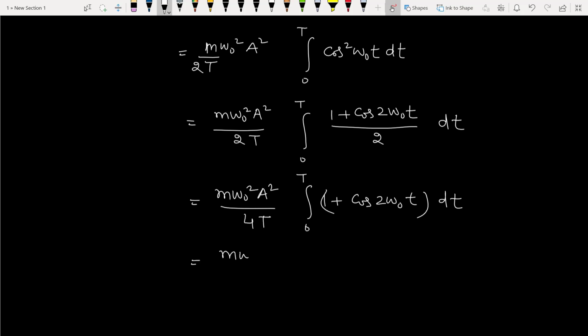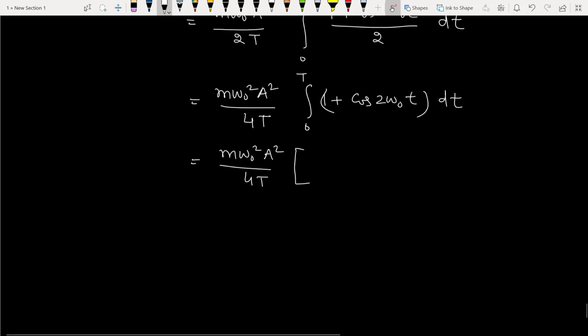Now we integrate the function. The integration of 1 will be t, and of the cos function, it will be sine 2 omega naught t divided by 2 omega naught, between lower and upper limit.